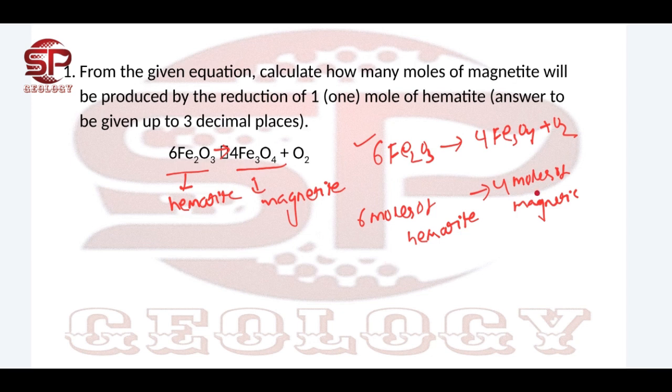So 6 moles will produce 4 moles, so 1 mole will produce 4 by 6 moles, which is 0.66. Up to 3 decimals, you can write 0.667.